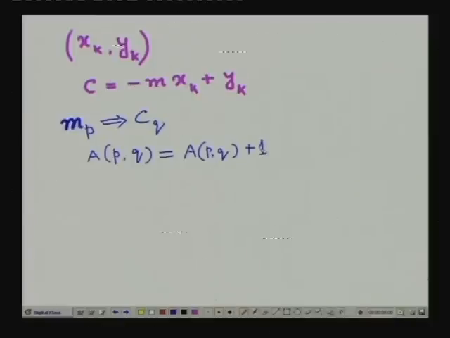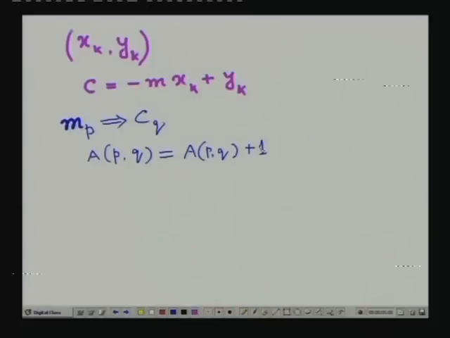So, this I have to do for all the boundary points in our spatial domain, that is in the x y plane, and for each of these boundary points I have to compute it for every allowed value of m as allowed in our parameter space.